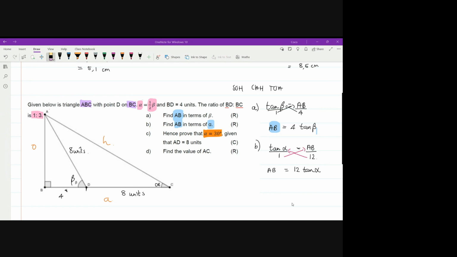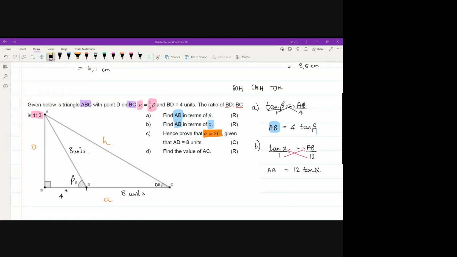Alpha is an angle. So we're going to have to use shift angle. You're 100% spot on, Emmanuel.